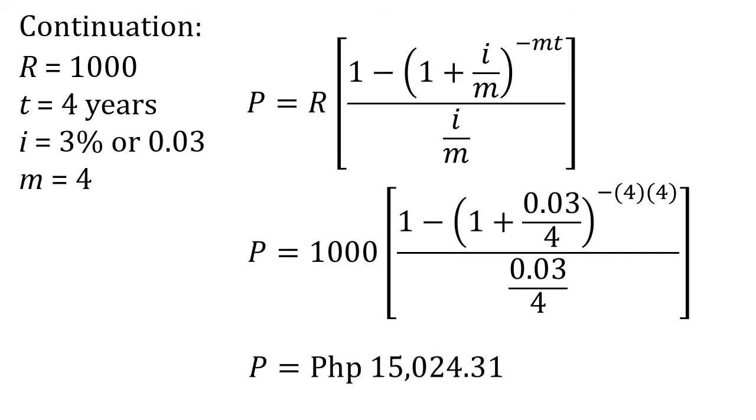So you're going to get 15,024.31. Meaning to say, the present value of this ordinary annuity is 15,024.31 pesos.